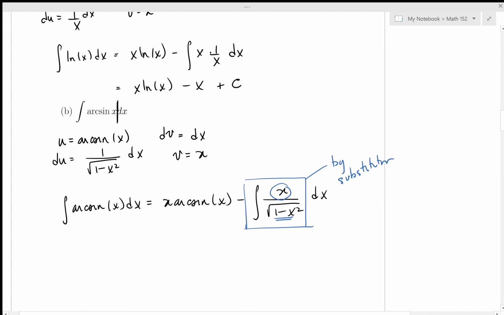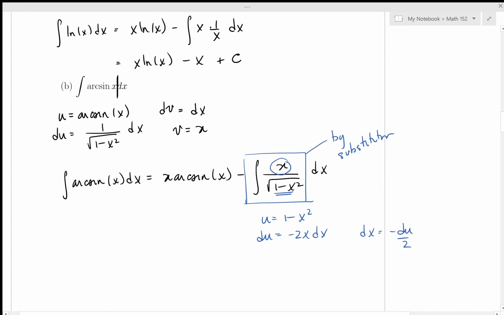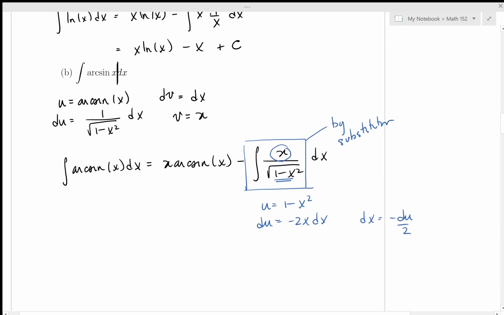I'm going to do the substitution u equals 1 minus x squared. That means that du will be minus 2x dx, and x dx is equal to minus du over 2. Let's write it out this way.